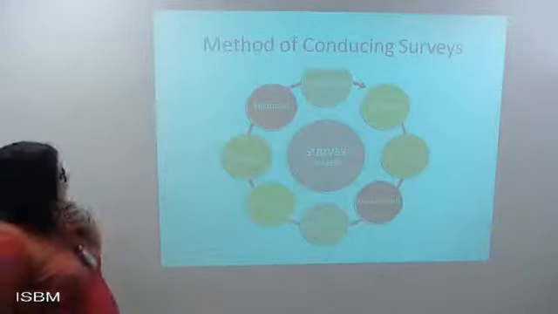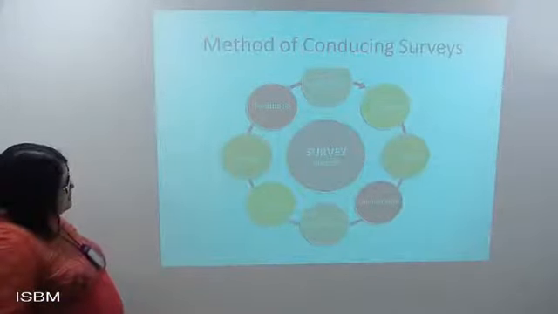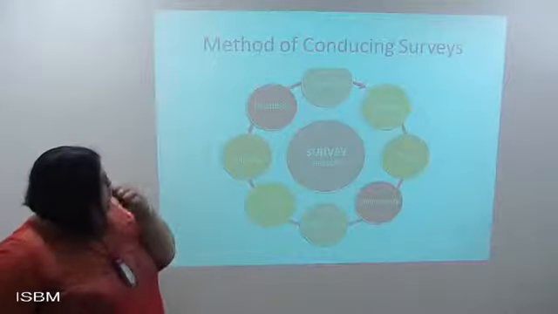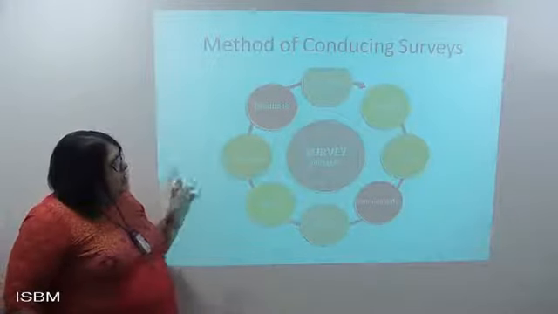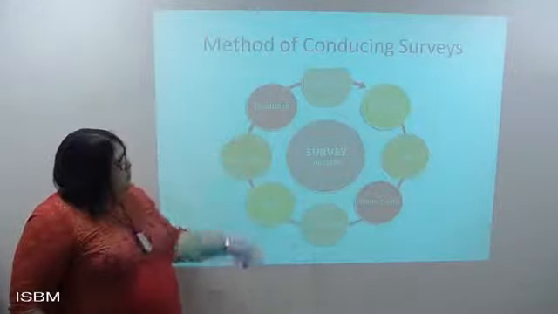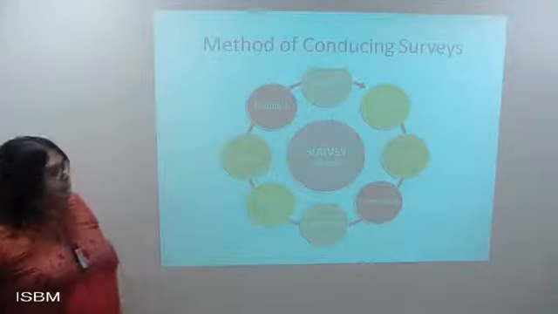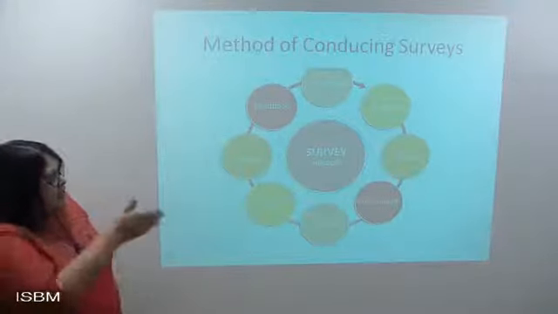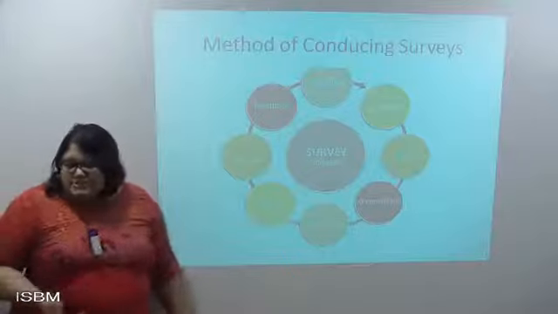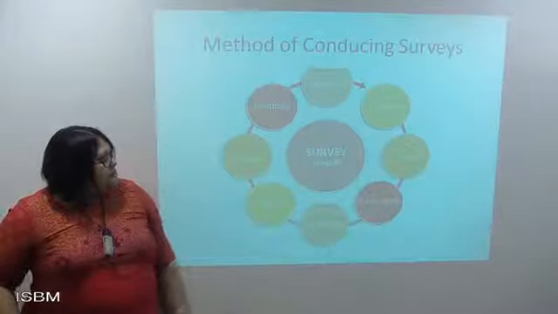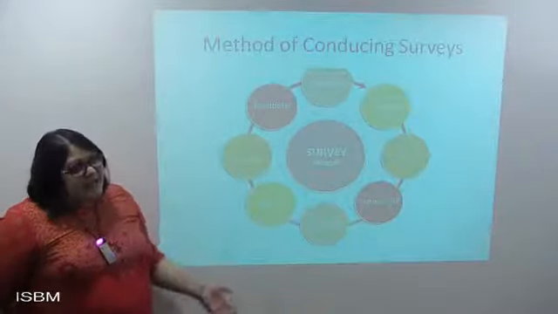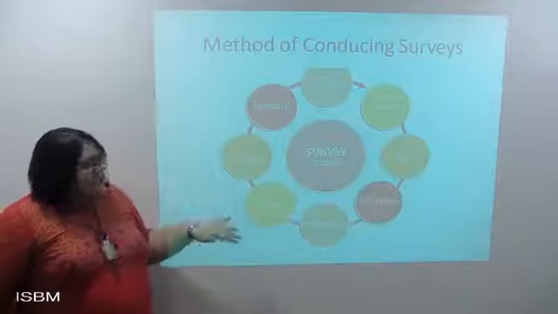So how is a survey conducted? First is you develop a survey. Post the development of your survey, you have a sample which is ready. That sample is something which you put to test. Post that you communicate about it and then you administer it again.